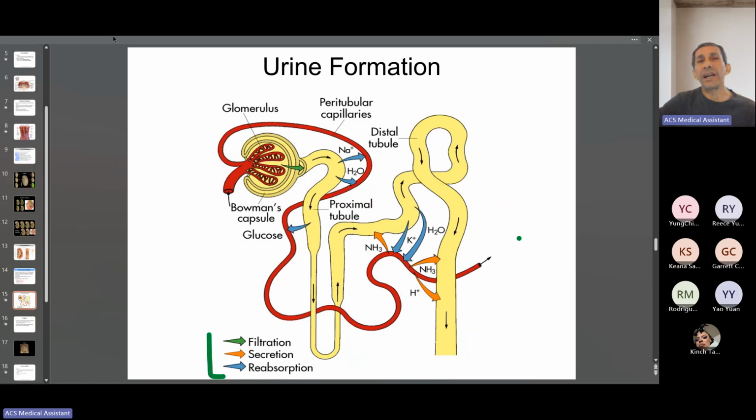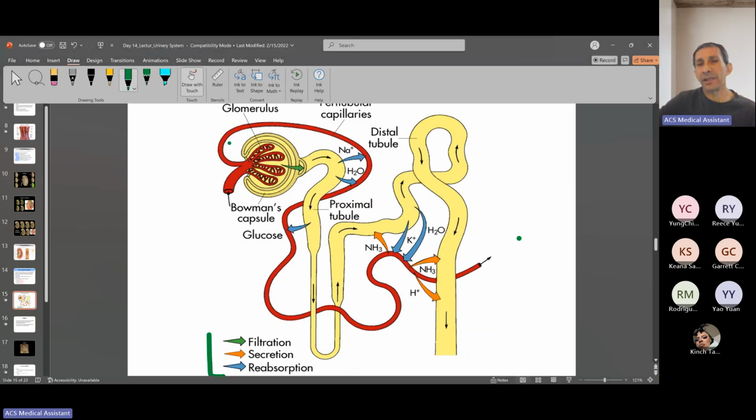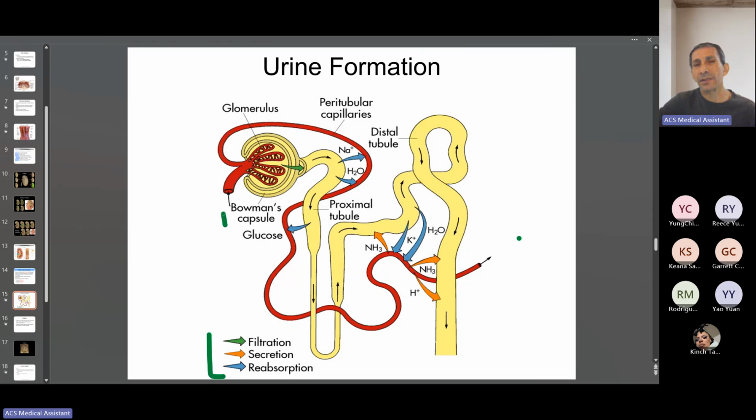So we have blood right here coming into the nephron. See, this is the dirty blood that enters this tube, enters right here the glomerulus, which is all this mesh of capillaries inside. It's like a filter. Blood passes through these filters. And what is it that the filters do?